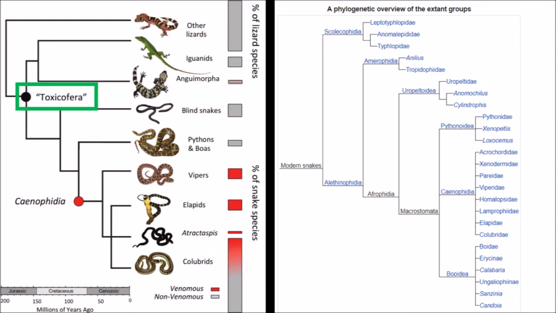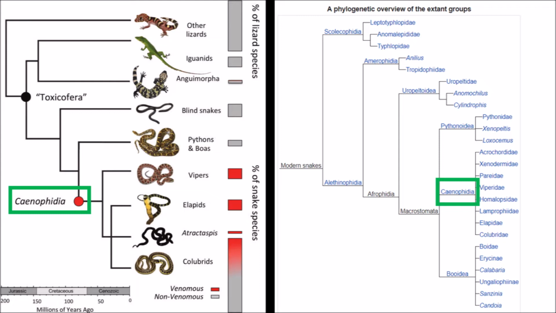From this, we are going to go down to the next division, which is Cainophidia. And now this contains all of the snakes that are considered venomous. It's also worth noting that not all of the snakes in this classification are venomous, but all the ones that are venomous do fall under this.